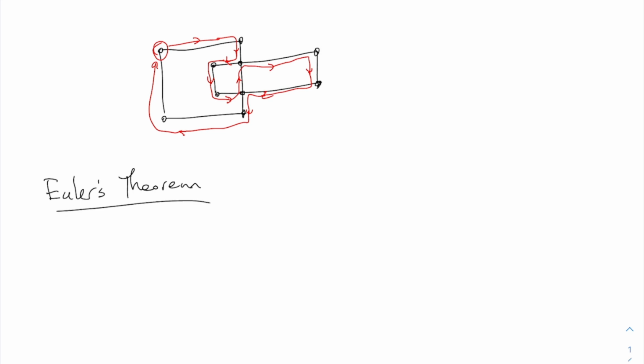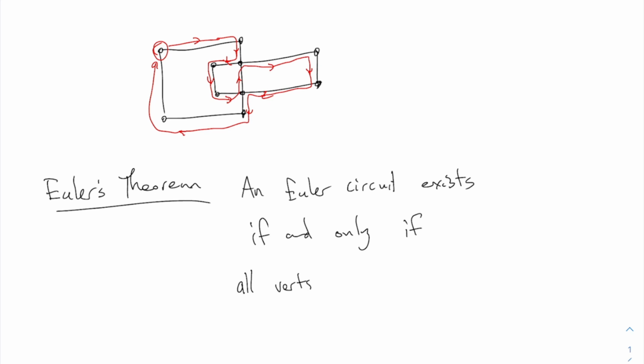It said an Euler circuit exists if and only if, and that means what I'm about to write is mathematically equivalent to an Euler circuit existing, if and only if all vertices have even degree. This is Euler's theorem about Euler circuits.